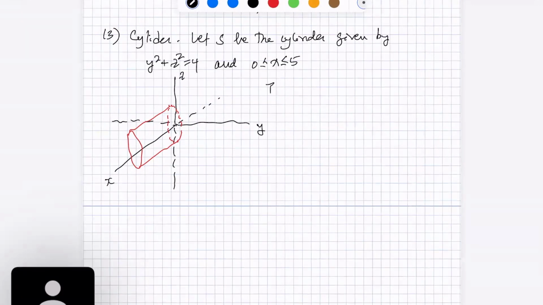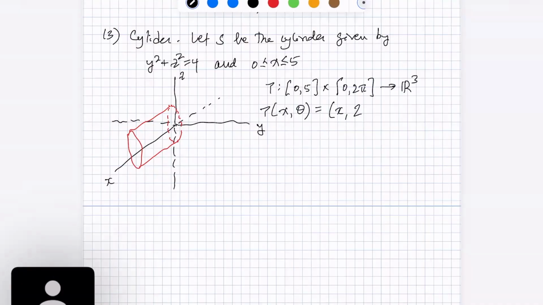So here, I'm going to have two parameters. One is x and one is theta, because the radius is constant. This is going to go to R3, and T of x, theta, well, x will just stay x. Theta goes from 0 to 2 pi, and one coordinate is going to be 2 cosine theta, and the other coordinate is 2 sine theta.